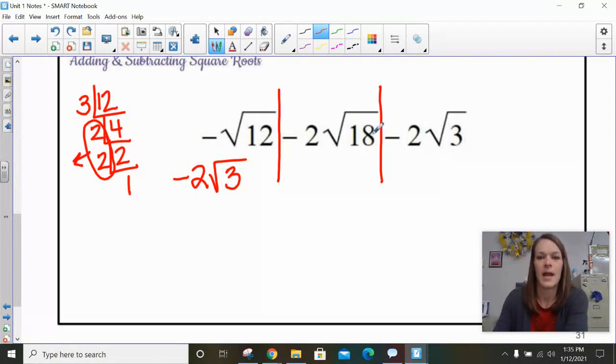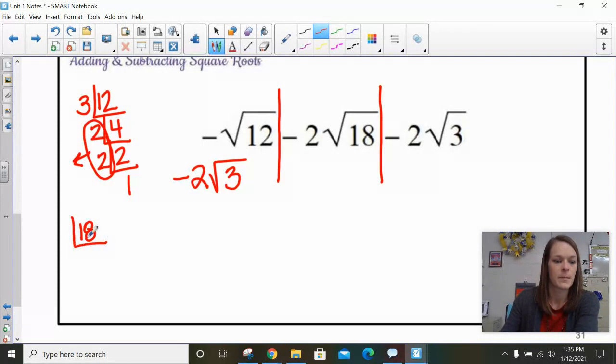And now I want to do 18. I'm going to do that over here to the side. You can divide by 2 and get 9. Divide by 3 and get 3. Divide by 3 and get 1. Now I have a pair of 3s that will come out.